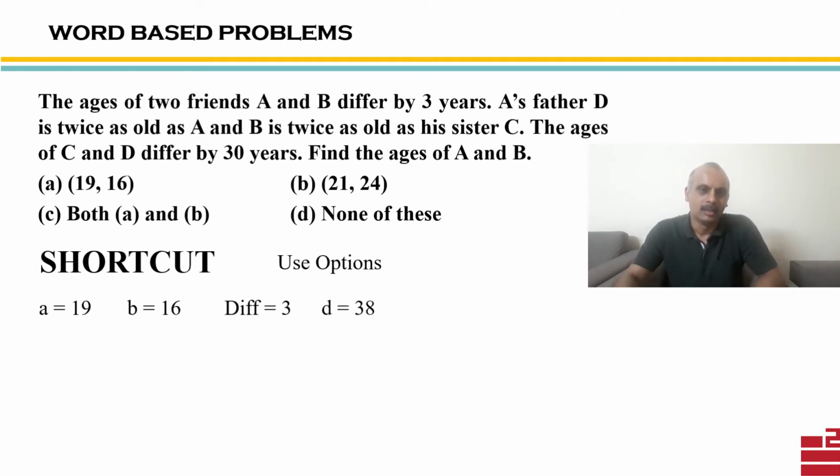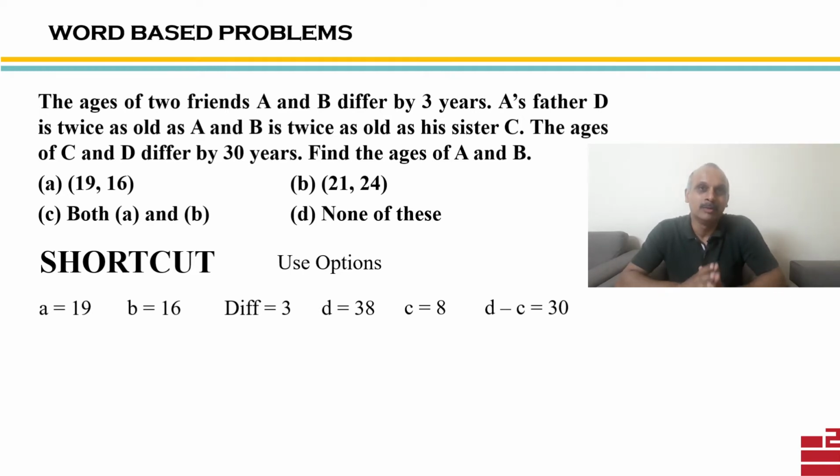If I just look at the first option right now, when A is 19, D's age is double of that, so it is 38, and B is 16, so C is 8. Therefore the difference of D and C is 30, so it matches with the entire data. And therefore A option is the right answer.